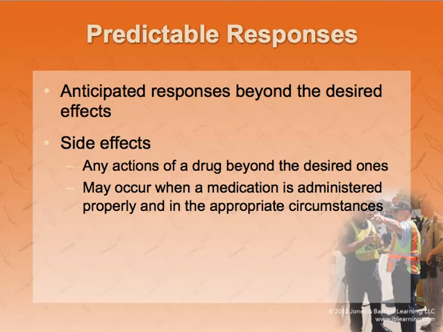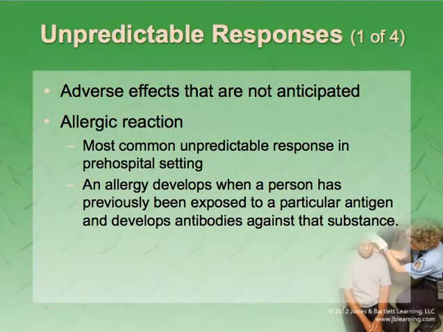We know if we give Benadryl, it's going to make them sleepy. If we give them a narcotic, it might make them uneasy on their feet, so we may have to make sure that they are sitting down because they may be under the influence of that medication. It may be what we're wanting to happen, and it may be something that we're not wanting to happen.